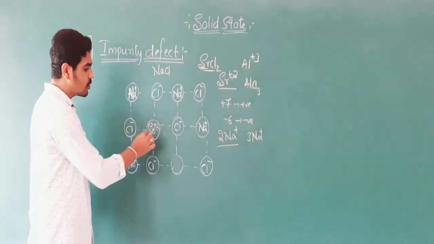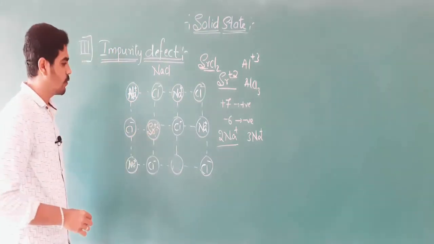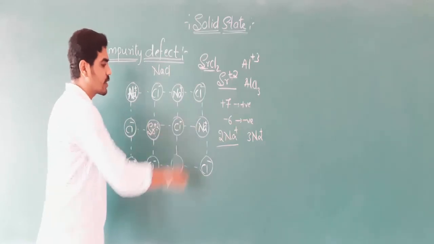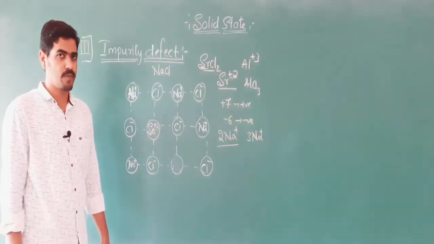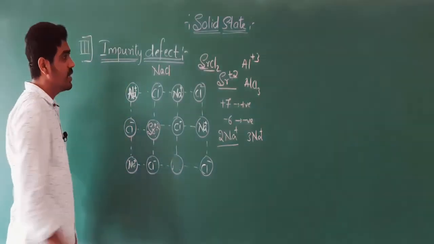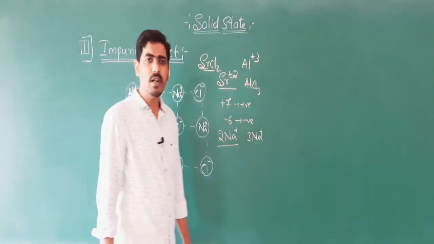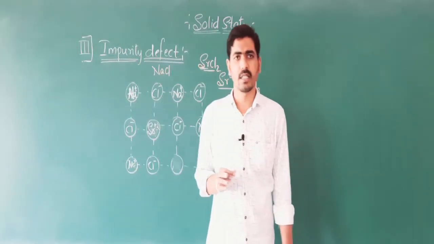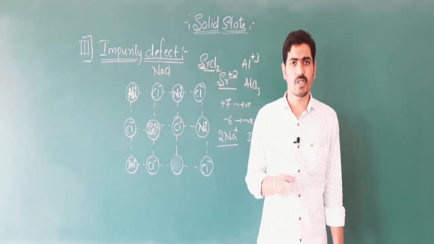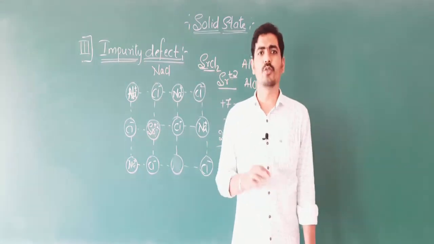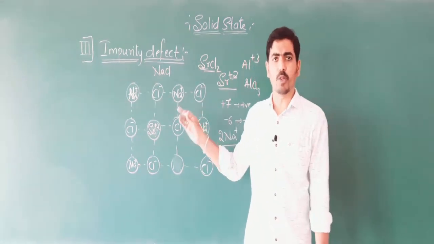So due to the presence of this impurity ion, the crystal shows the defect, and this defect is known as impurity defect. So remember, impurity defect means the defect in the crystal which arises due to the presence of impurities.